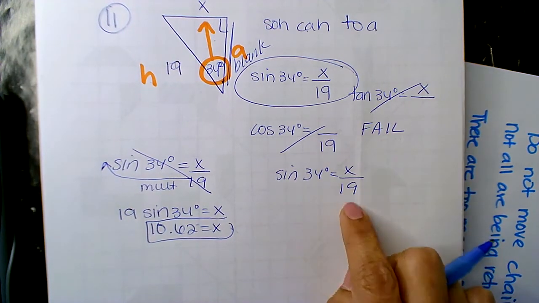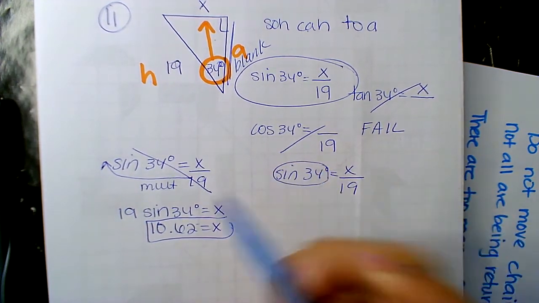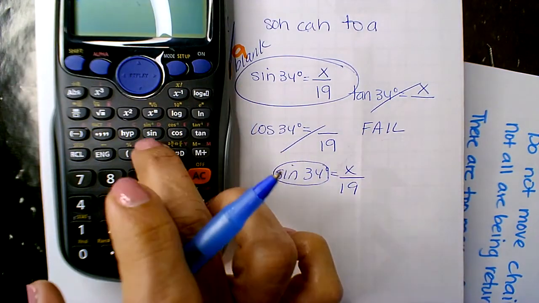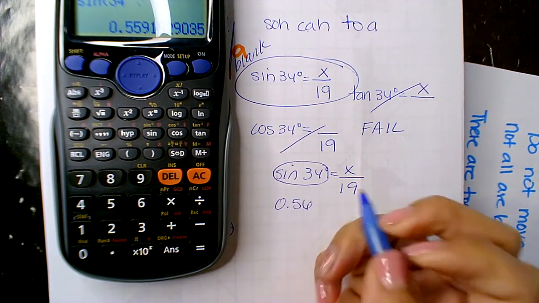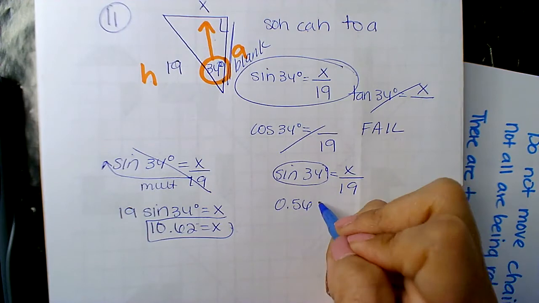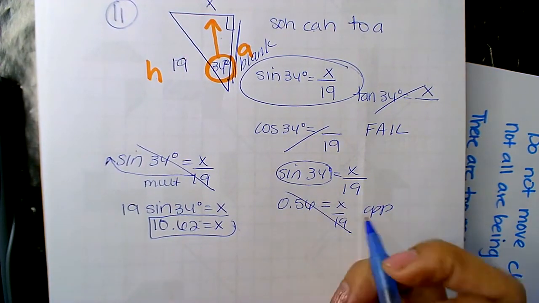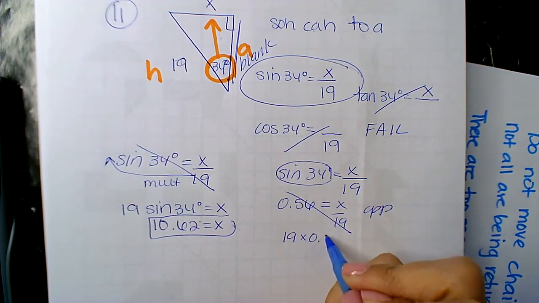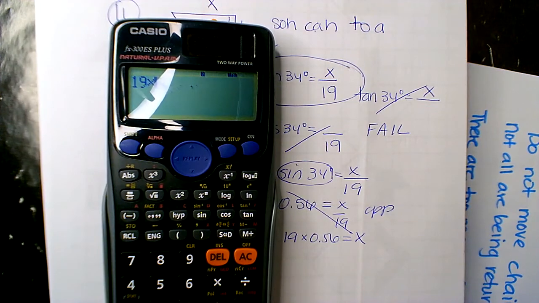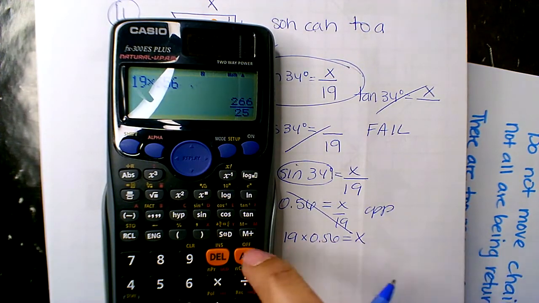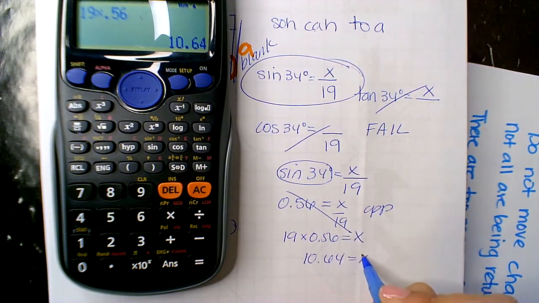Okay, baby steps. If you don't want to load up the calculator, take the sine of 34 degrees first. So what's sine of 34? 56 hundredths. Now go ahead and perform the cross product property. So what is 19 times 0.56? And hit enter, and I get 10 and 64 hundredths.